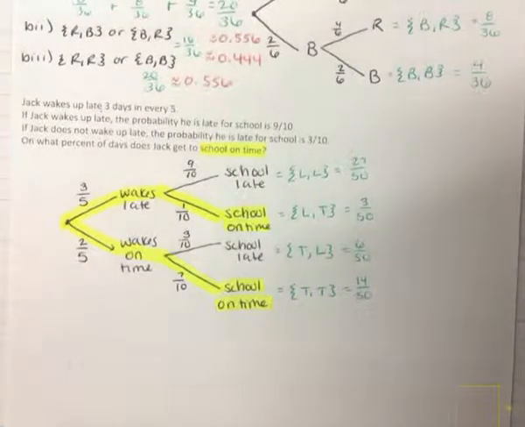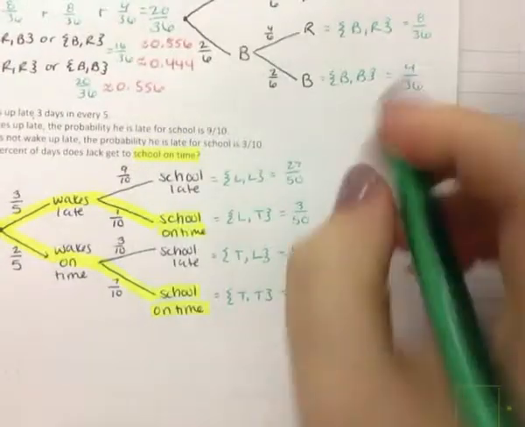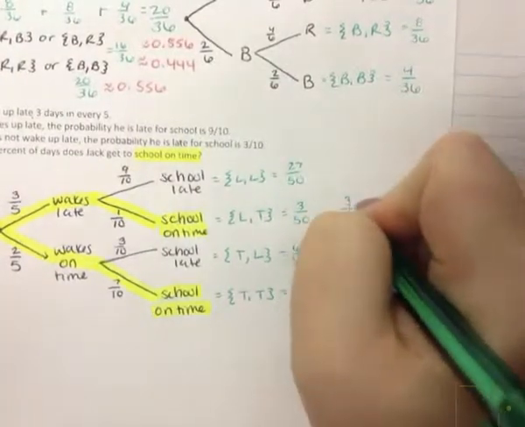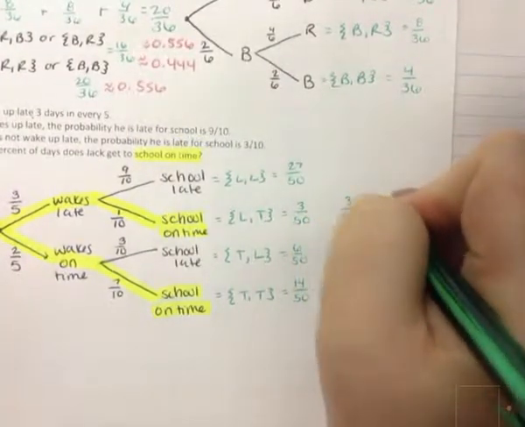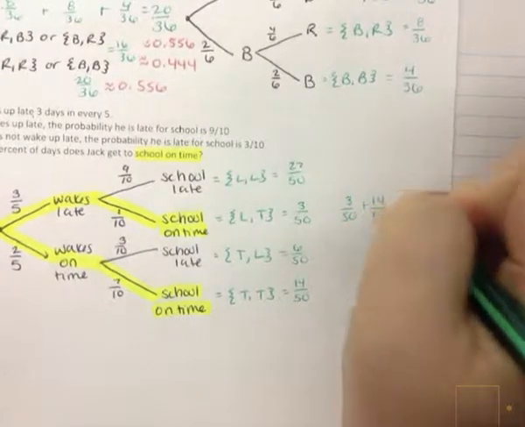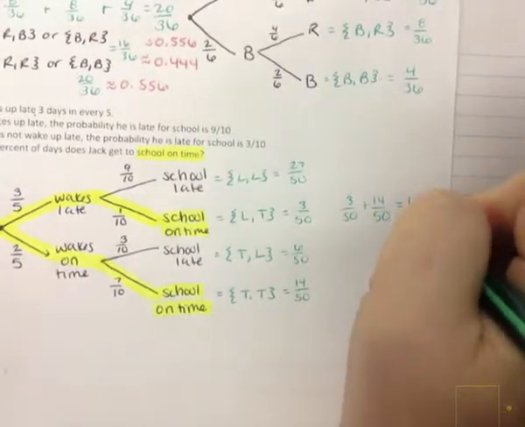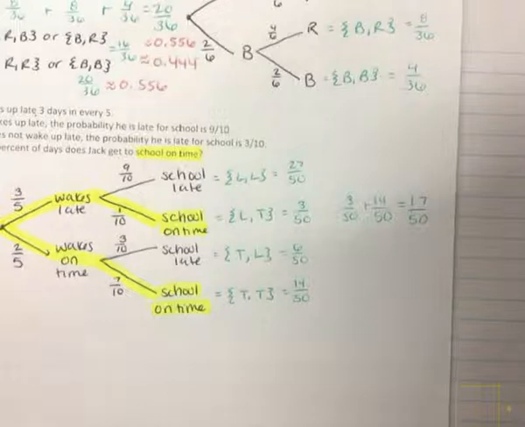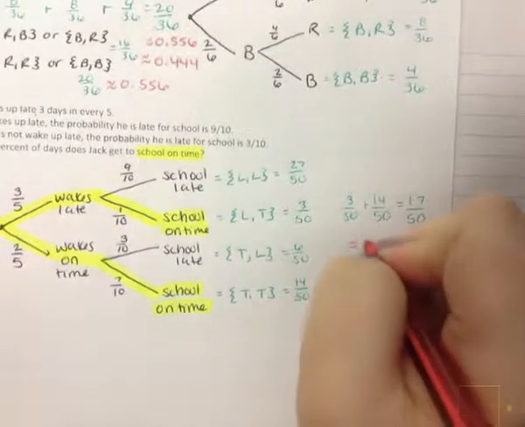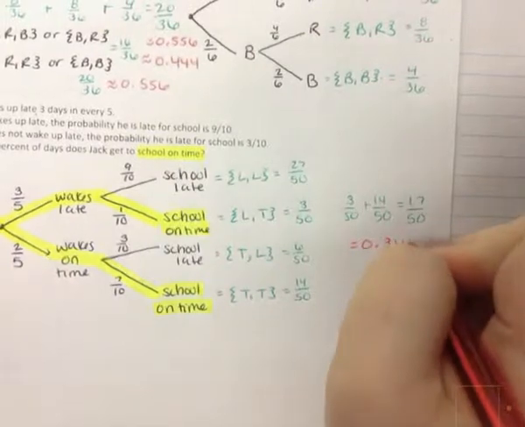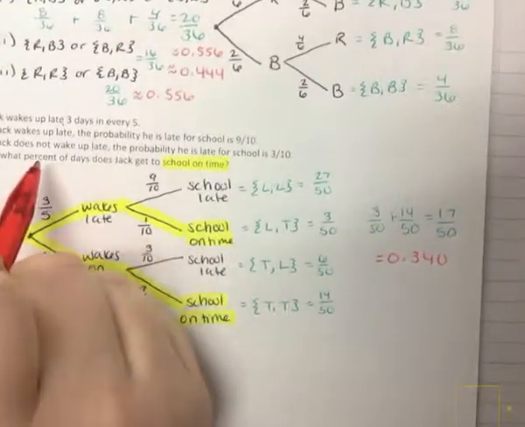So again, because we have two possibilities, we would add these. So we would have 3 out of 50 plus 14 out of 50, which is equal to 17 out of 50. 17 out of 50 is going to be 0.340. But it is asking for what percent of days.